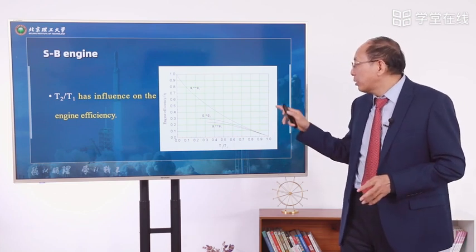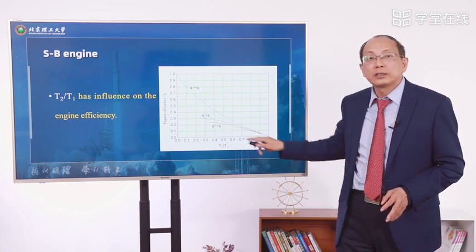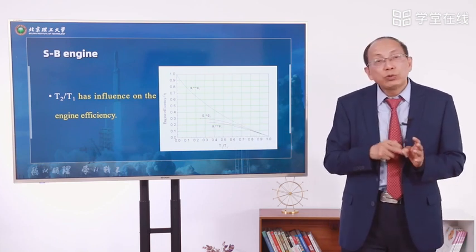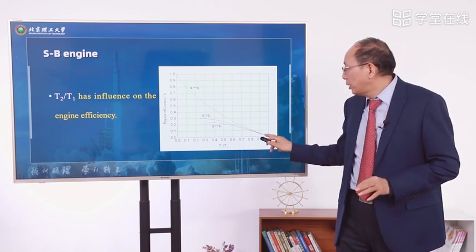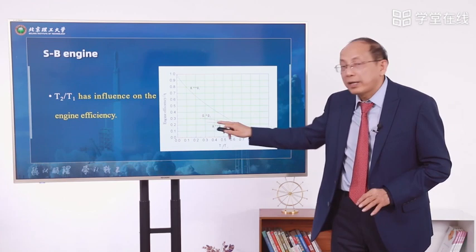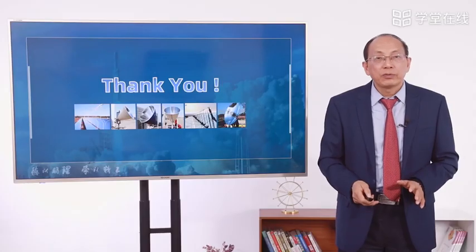When G1 equals G2, it is like this line. When G1 is larger than G2, it is like this line. So from this diagram, we can do some analysis for the Stefan-Boltzmann engine. Thank you.